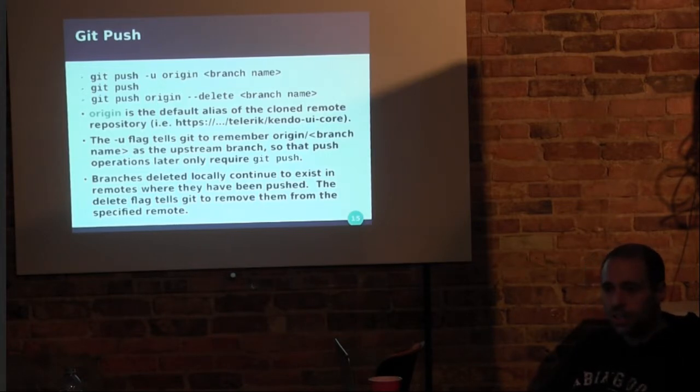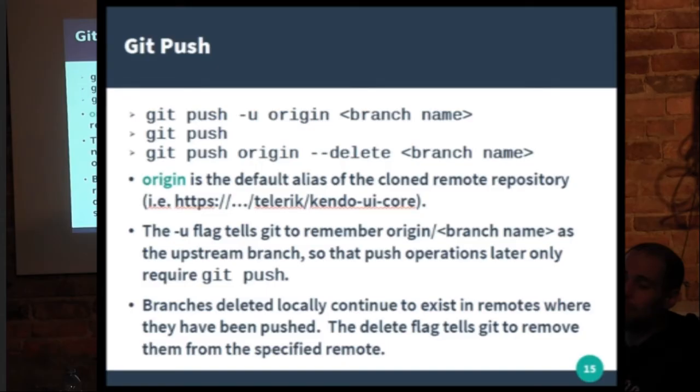It's called origin by default, but that can be changed as well. And to make matters a little more confusing, you can actually have multiple remote repositories. So I can have a remote that points to my GitHub and a remote that points to Larry's GitHub to work on this feature. So anyway, it's worth noting origin. You'll see that a lot.